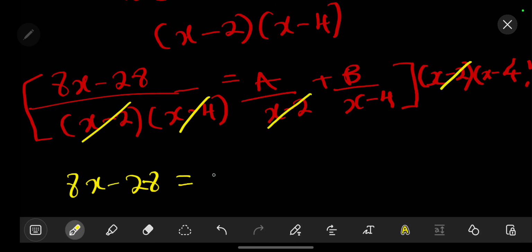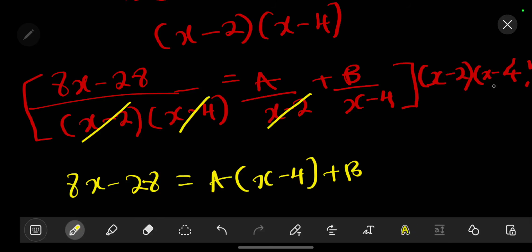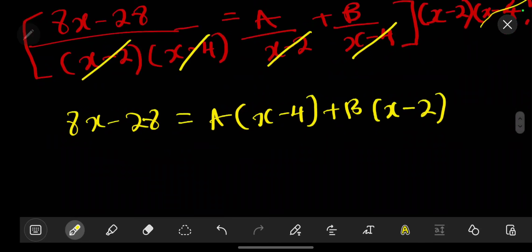So we remain with a, open brackets, multiplied by x minus 4, like that. Then we have plus b. For b, remember this value is multiplying everything, so these cancel, and we remain with x minus 2, like that.